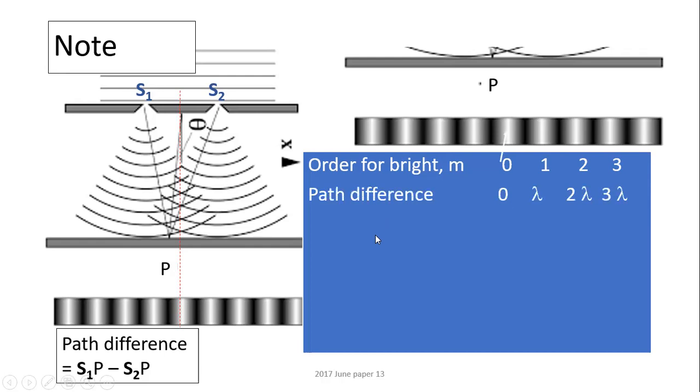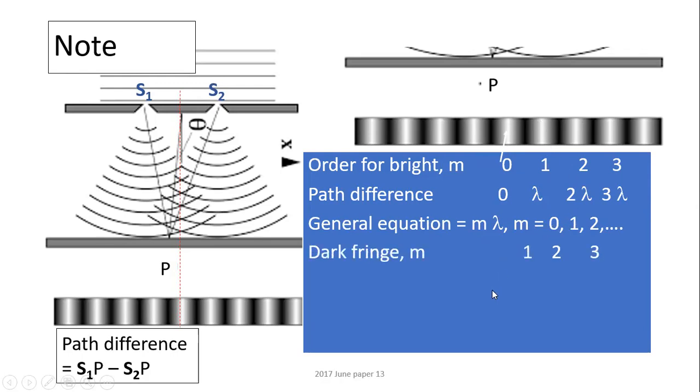The path difference for this one is 0. Path difference is lambda, 2 lambda. The general equation is m lambda. m is 0, 0 is here. 1 is here. But for dark fringes, you don't have a 0 dark fringe. You start with 1 here, then 2 here, and then 3 here.